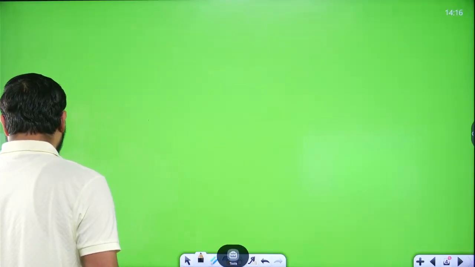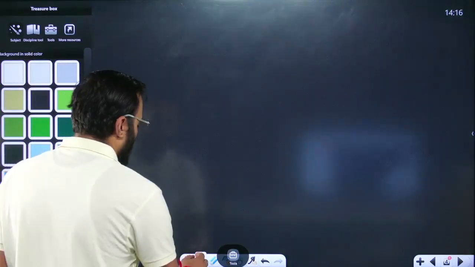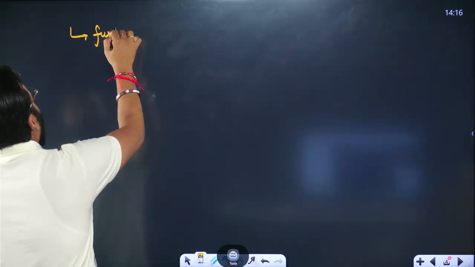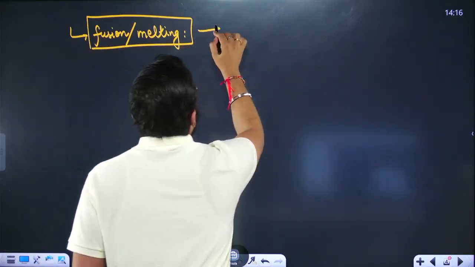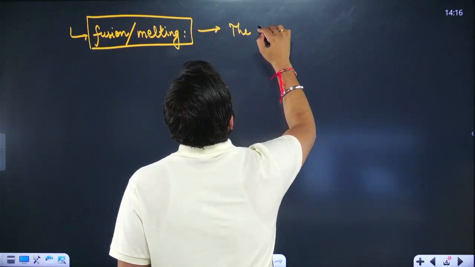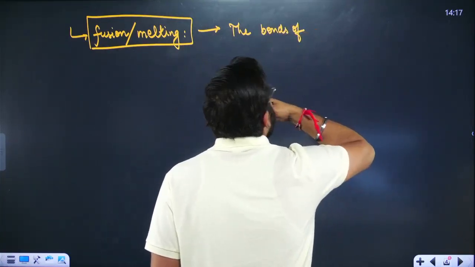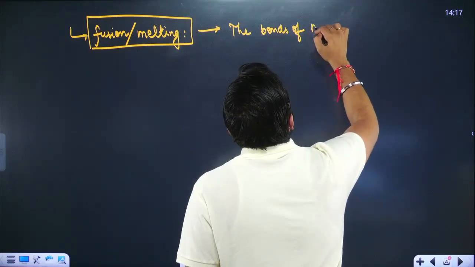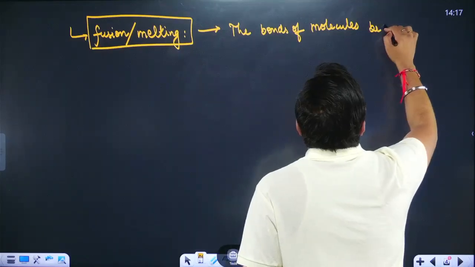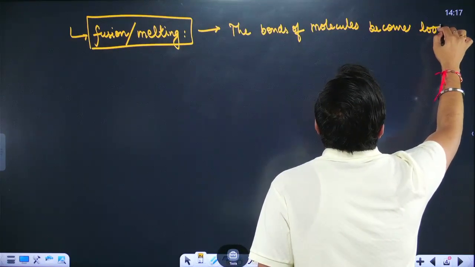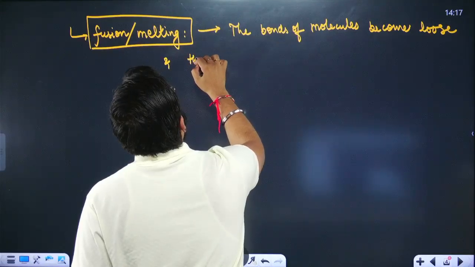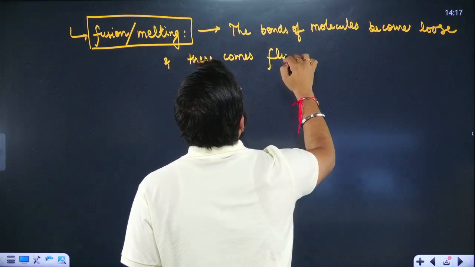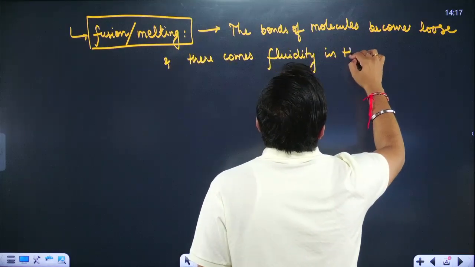So what is fusion or melting? Fusion or melting, basically, the bonds of molecules become loose, and there comes fluidity in the matter.